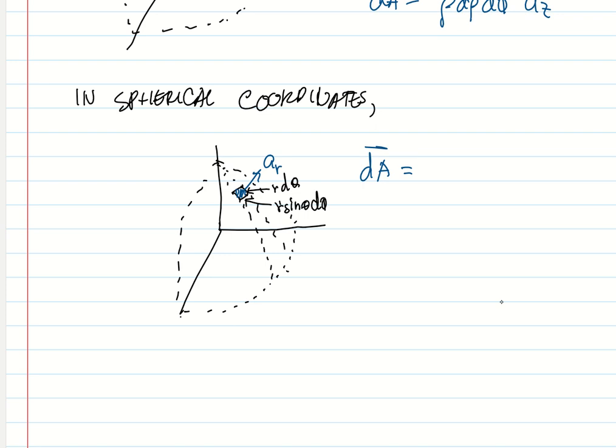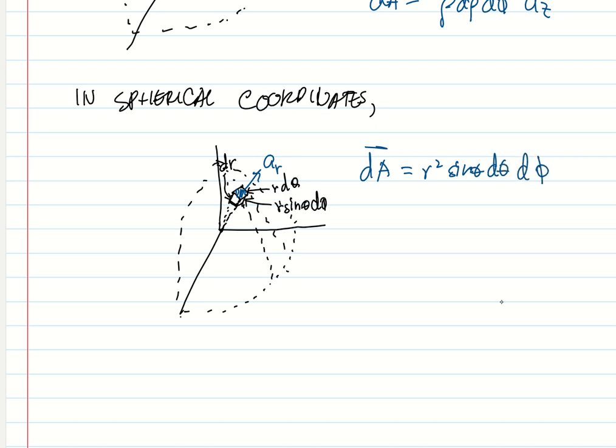While dr will be this side here. This is dr. So now for that blue area, that is just equal to r d theta times r sine theta d phi. So r times r is r squared, and we have sine theta d theta d phi.